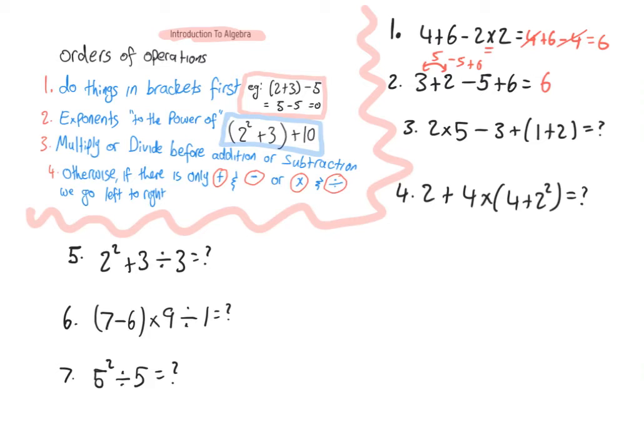Question 3. 2 times 5 minus 3 plus, inside the brackets, 1 plus 2. Okay, we do have a bracket, so we need to solve that first. We do have a multiplication, so we're going to do that after. And then we're just going to go from left to right.